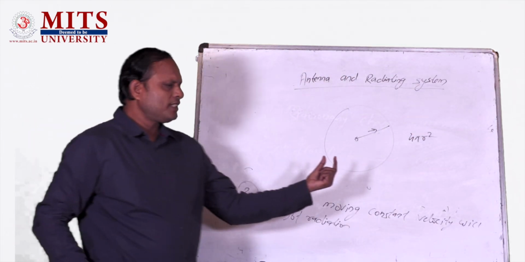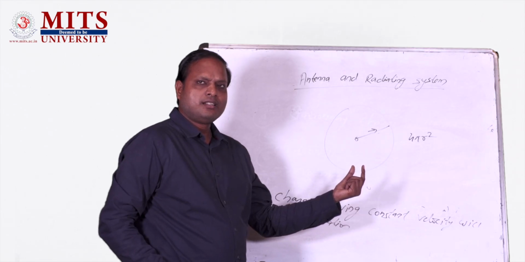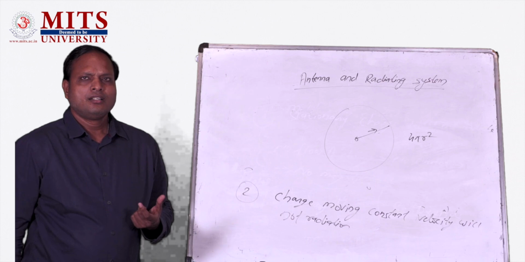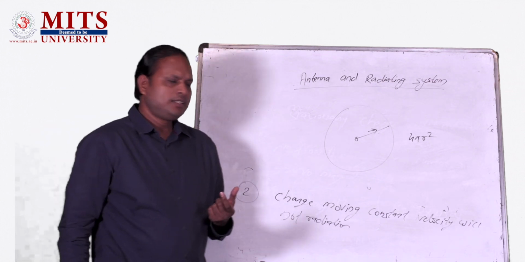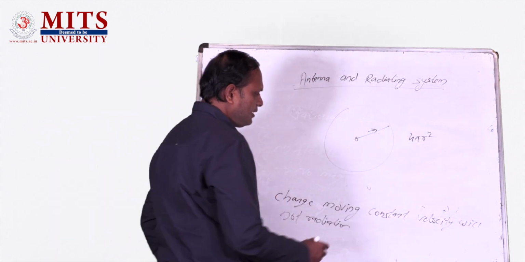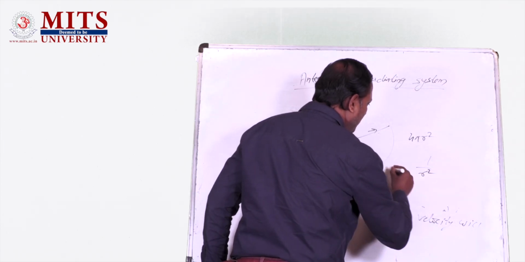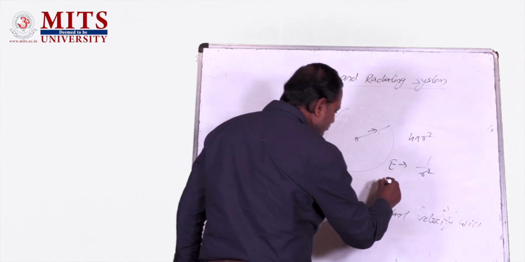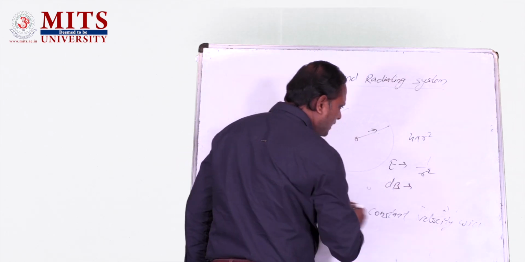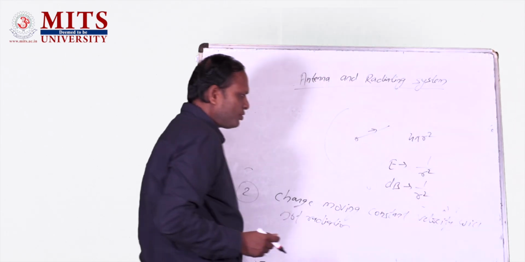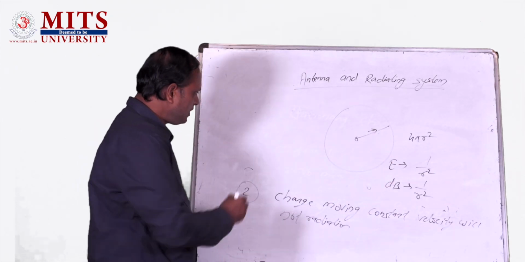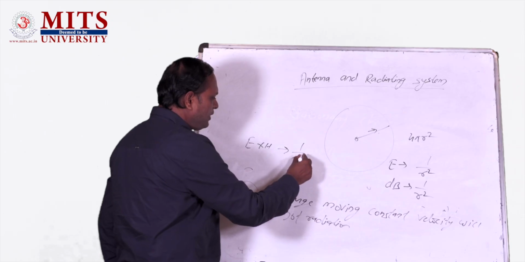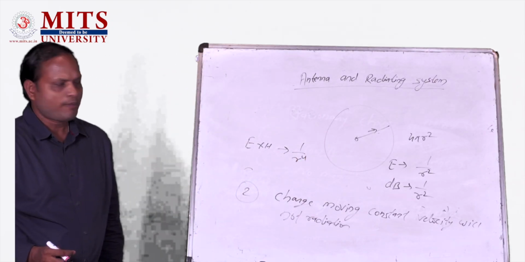From Coulomb's law, the electrostatic field decreases as 1 by r square. Similarly, from the Biot-Savart law, the magnetic field decreases as 1 by r square. So the total decrease in the Poynting vector, when we take E cross H, will be 1 by r to the fourth.